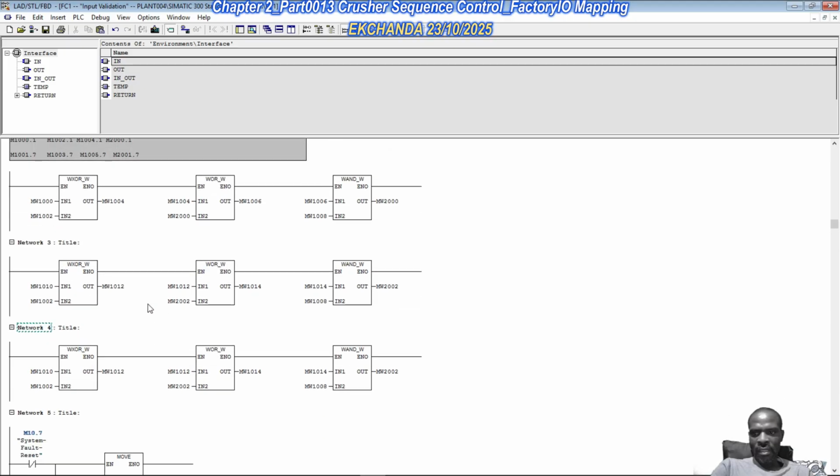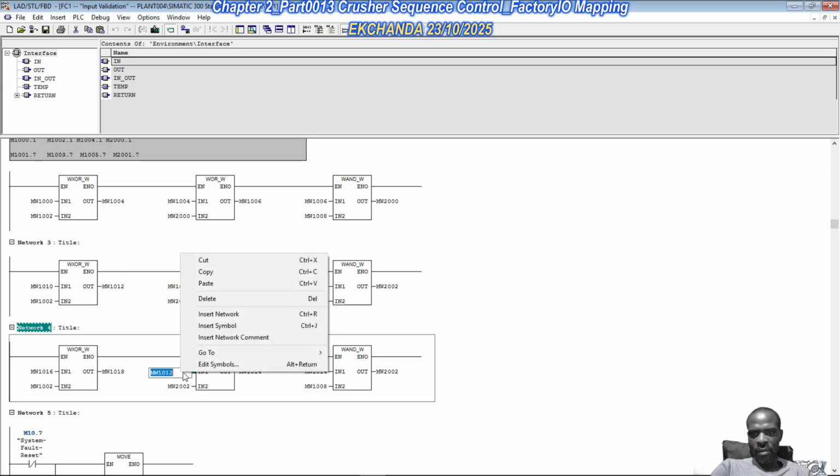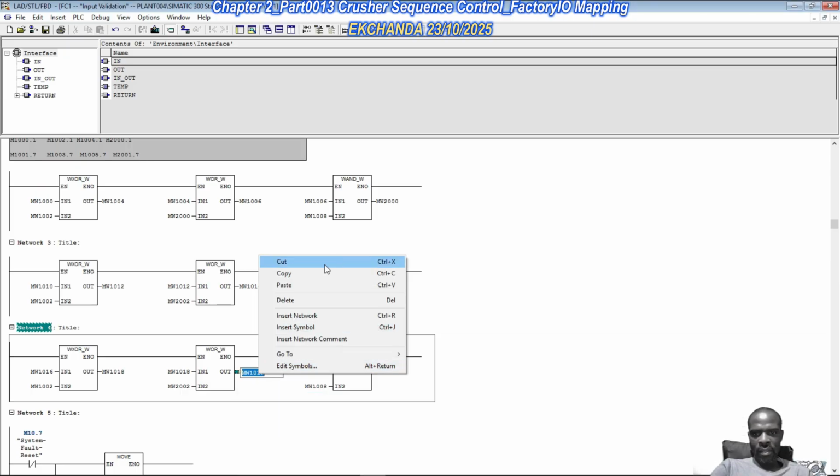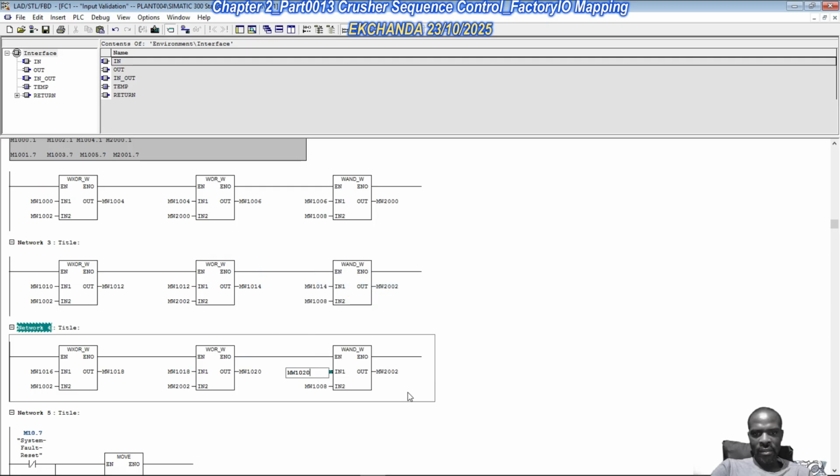Now the farthest memory word address was 1014. So memory word 1016, 1018, which is going to be passed to this one here, and then memory word 1020, which is going to be passed to this position, and then memory word 2004.